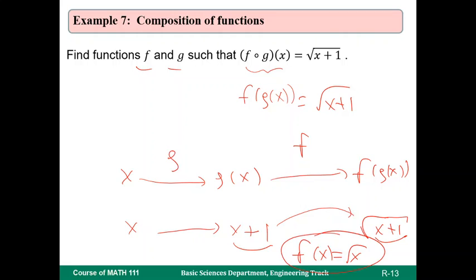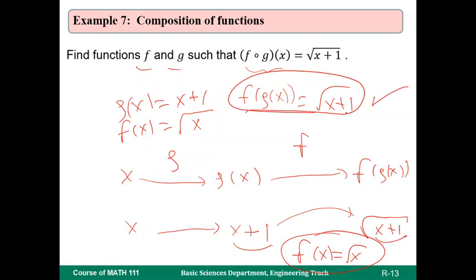So g of x is x plus 1 and f of x is equal to the square root of x. When you do this, you will get this one. If you want a shortcut, you can say the term under the square root is g, and the square root function itself is f.